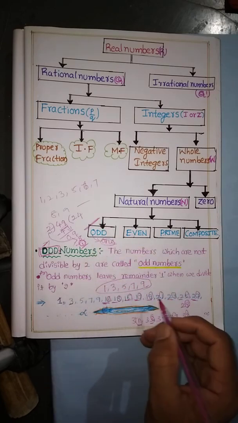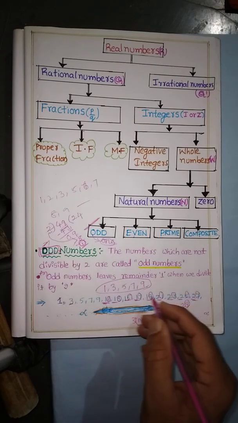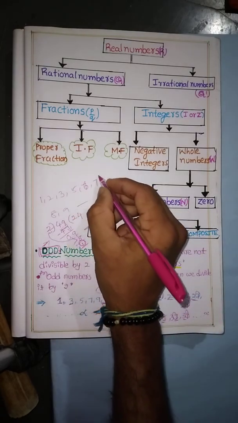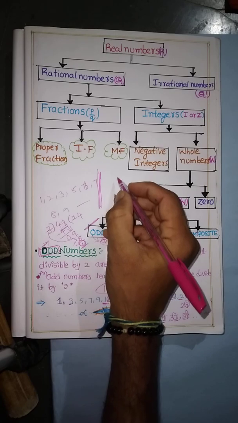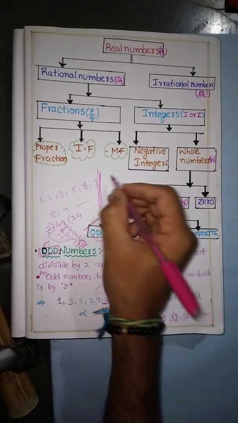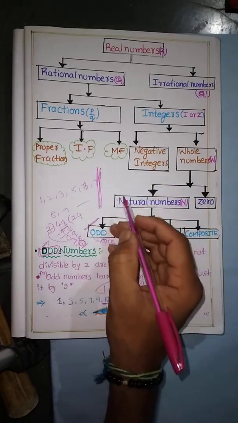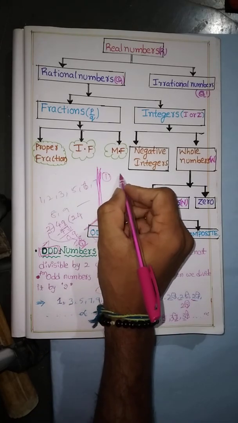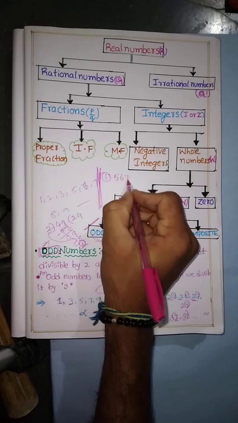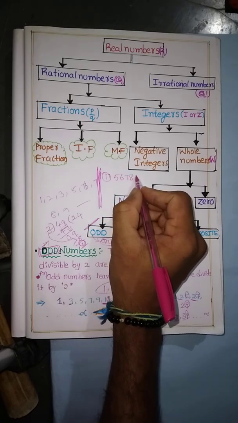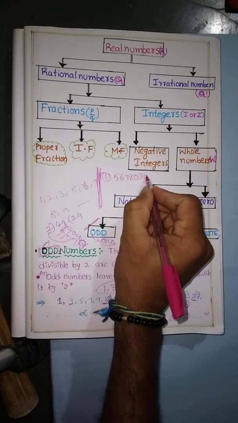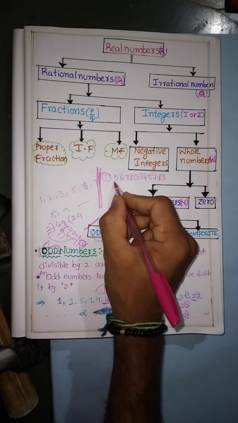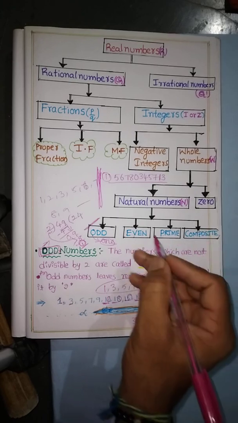There is not sufficient space, so I want to write a number here. If a big number is given, how can you identify whether that number is odd or not? Just observe here: 5, 6, 7, 8, 0, 3, 4, 5, 7, 1, 3. How can you say about this number?